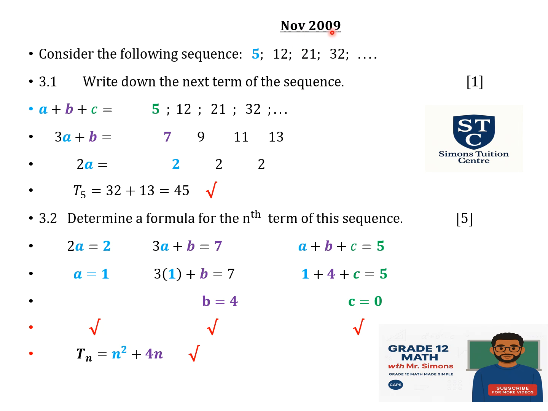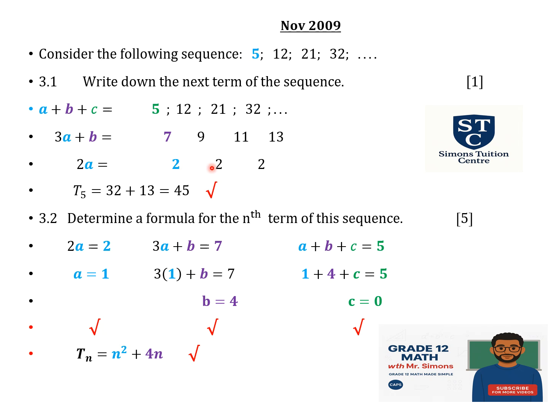November 2009. Consider the following sequence: 5, 12, 21, 32. Write down the next term of the sequence. So 12 minus 5 gives me 7. 21 minus 12 gives me 9. Those first differences are not the same, so I have to subtract a second time. 9 minus 7 gives me 2. 32 minus 21 gives me 11. 11 minus 9 gives me 2.